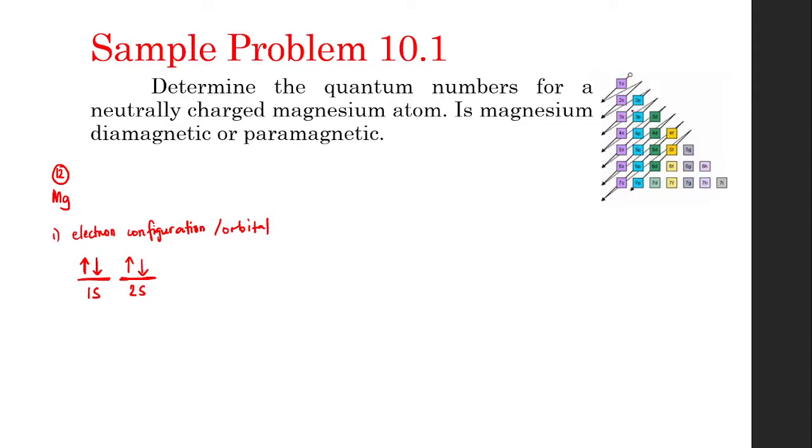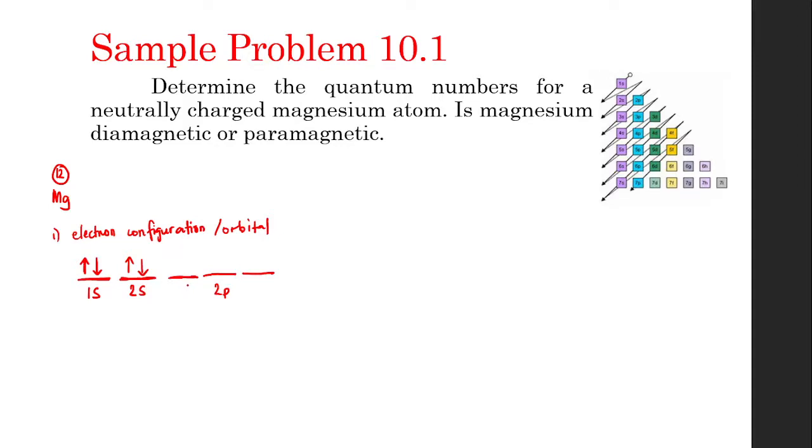main energy level and sublevel is 2p. How many orbitals does a p sublevel have? Remember, sublevel p has 3 orbitals.